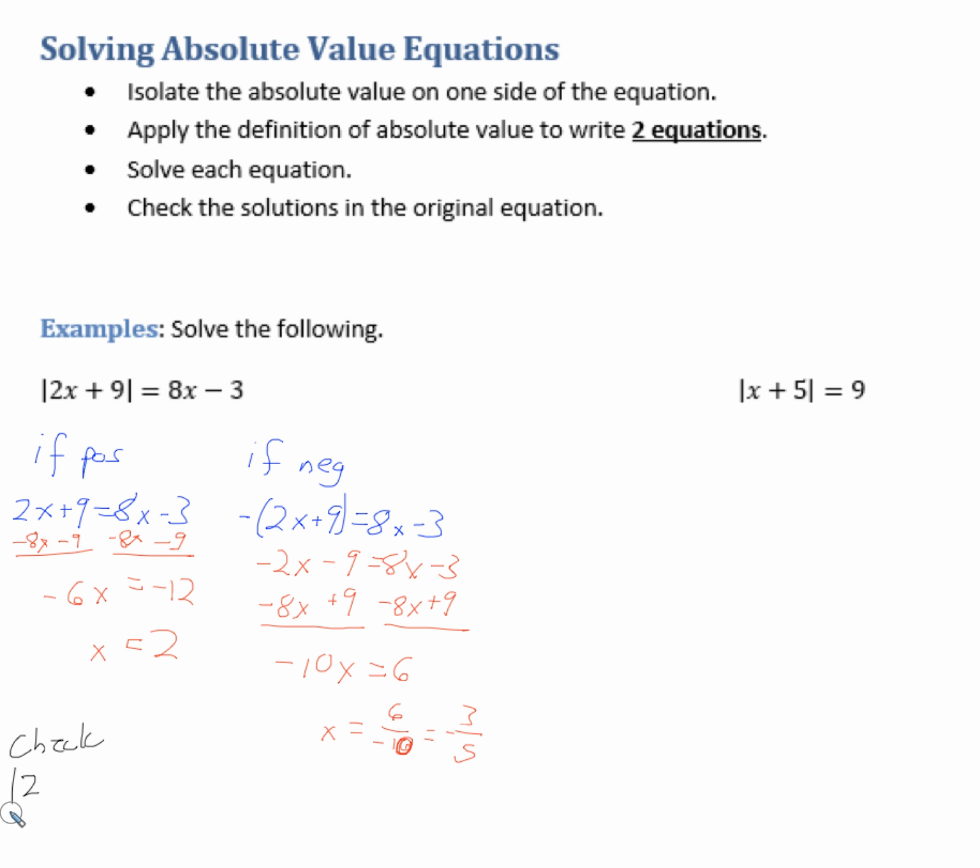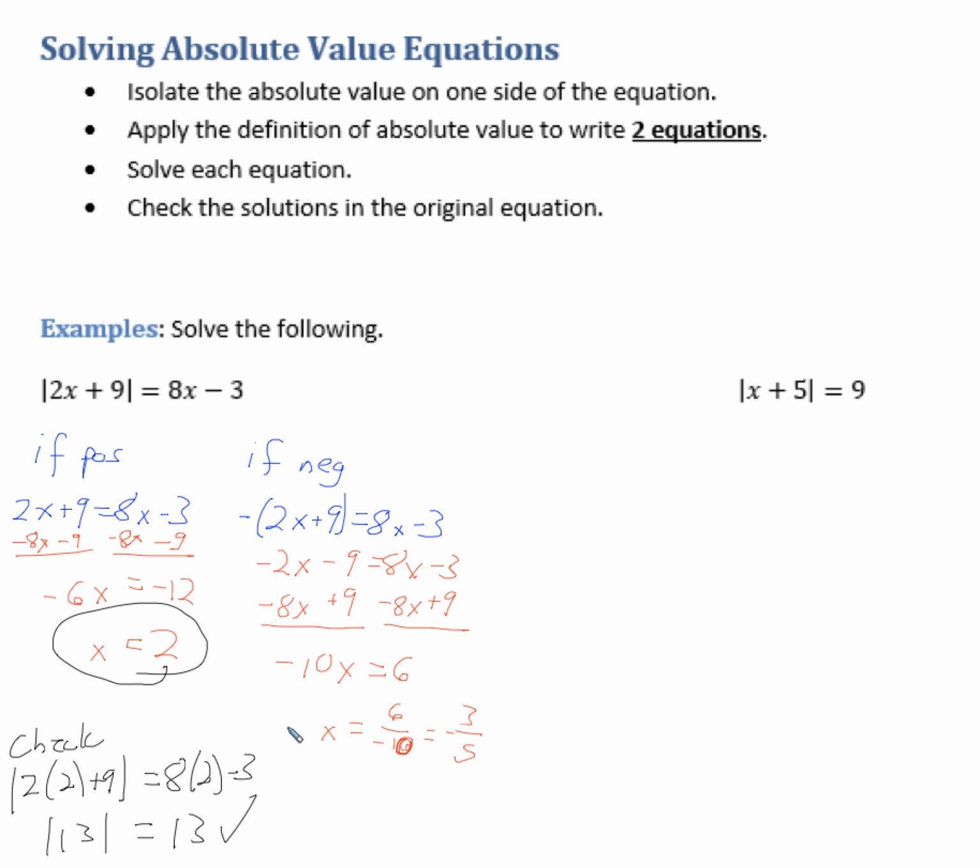So the absolute value of 2 times 2 plus 9 is equal to 8 times 2 minus 3. Well, 2 times 2 is 4, plus 9 is 13. So we have the absolute value of 13. Does that equal this? 8 times 2 is 16, minus 3 is 13. That works. So x equals 2 is definitely one of our answers.